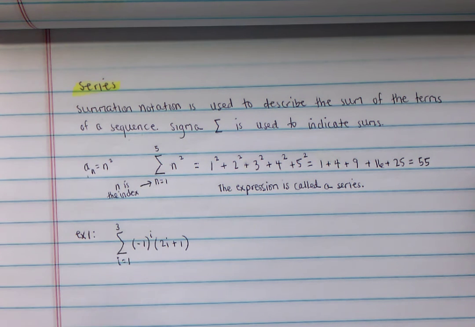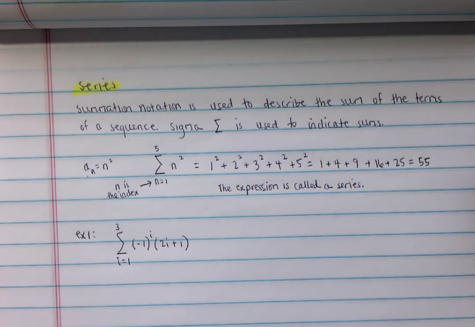Now it can be rewritten with different letters. You might have an I, you might have a J. Usually you see I and N in some of these videos. Those are probably the ones we'll use. I, N, and J are the ones we're going to kind of work with. So in this video, we're going to evaluate a sum in summation notation, kind of like what we just did there.